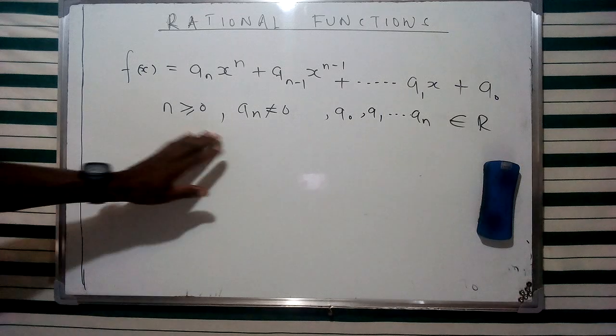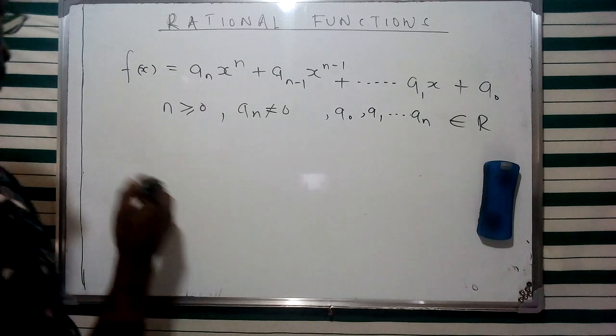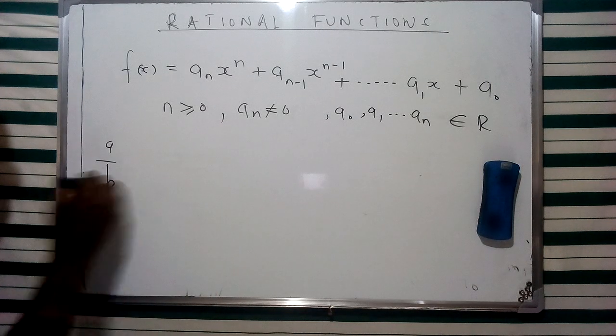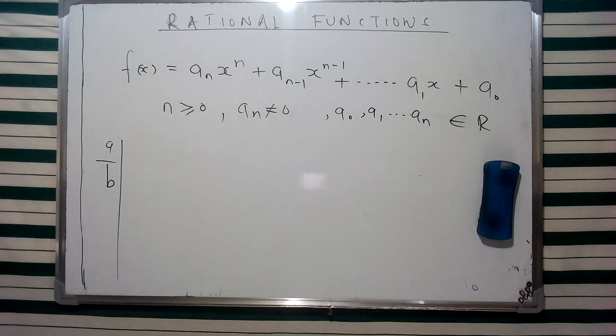So this was a general description of a polynomial, and we're going to borrow from this in coming up with this particular set of functions that we refer to as rational, which are going to be expressed in the format that I've already given in summary form.